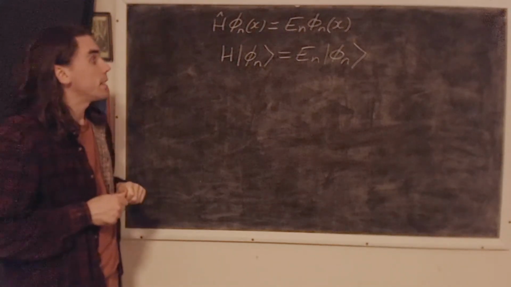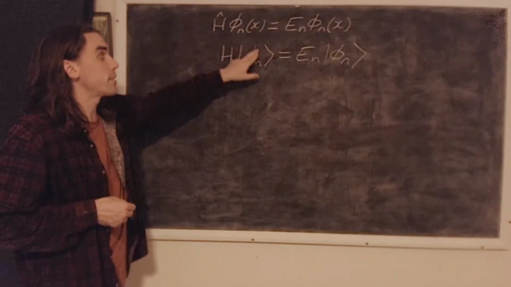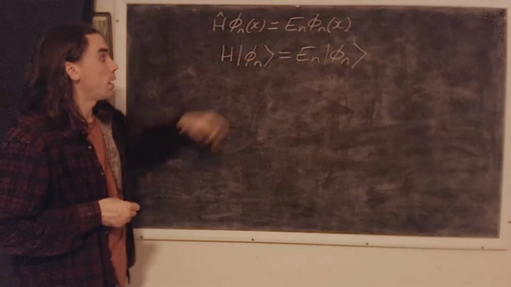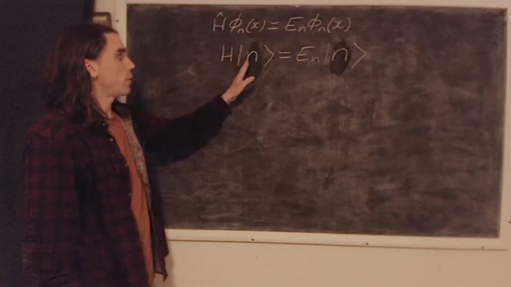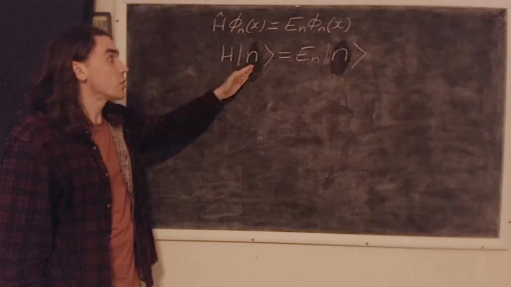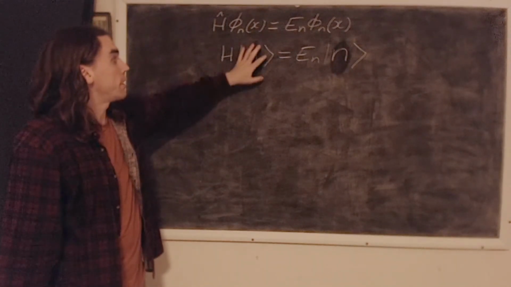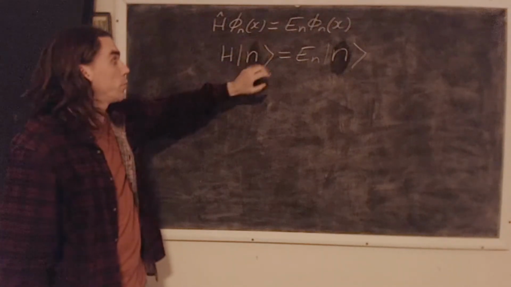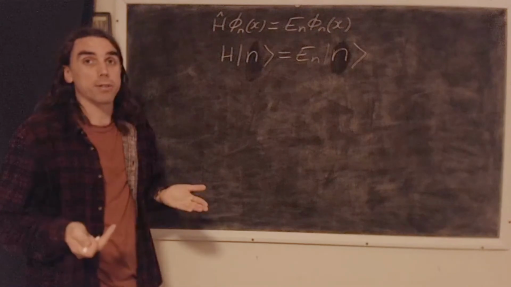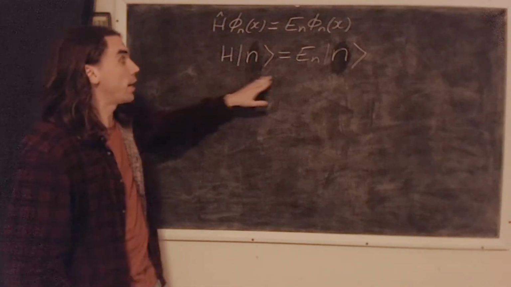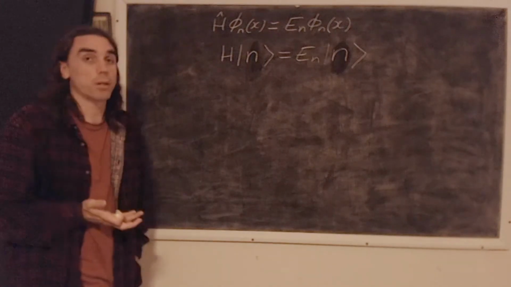In fact, it's very common in quantum mechanics to rewrite this state. The phi isn't really serving a purpose here, and we can just rewrite this as follows. So rather than call it phi subscript n inside the ket, we can just call it n inside the ket. n is just a label, so rather than calling this a vector like v, for example, we can just call the vector n, bearing in mind that the only thing we're ever going to really require of it is that it return our eigenvalues E subscript n. Okay, so it's a convention, but a widely used one.